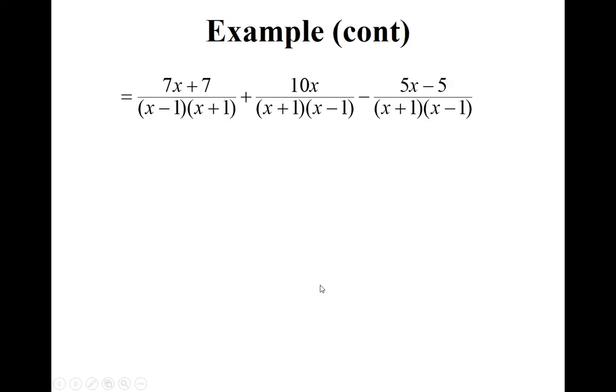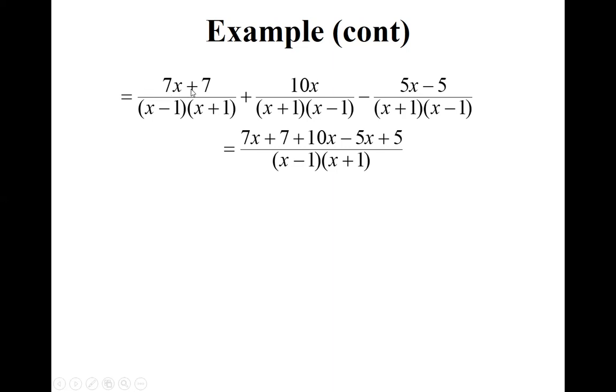Now, we'll take what we have, we'll keep the common denominator, and we will add and subtract across the top. Be careful. When we're subtracting rational expressions, we have to be sure that we're subtracting the entire numerator.